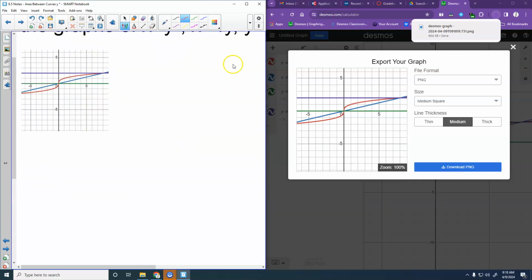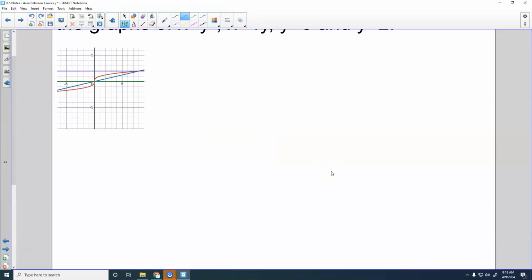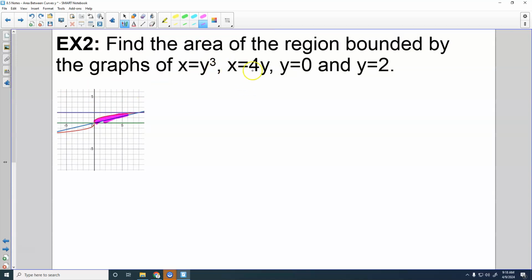So we are looking for this area right here. And because our equations are already in terms of y, I would just do this one in terms of y. So furthest to the right is going to be the 4y.